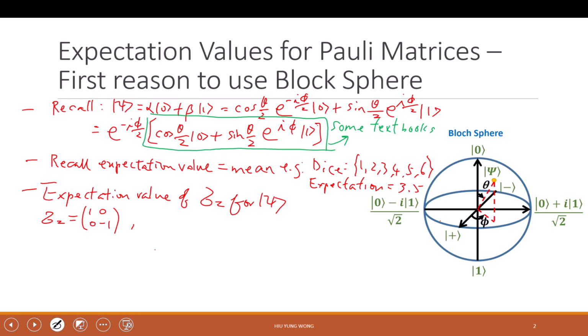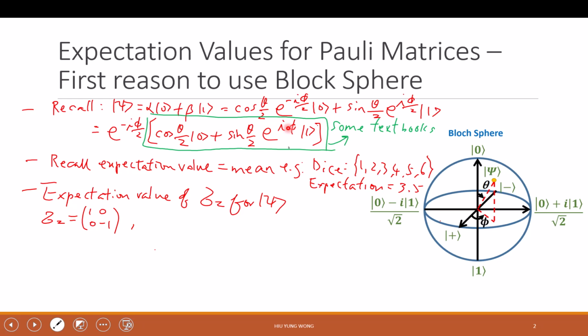So what is the expectation value of sigma z? It means that if I try to measure its spin up and spin down for a given psi, so you say I have a state which is psi, and when I try to measure it, it will collapse to either 0 or 1.